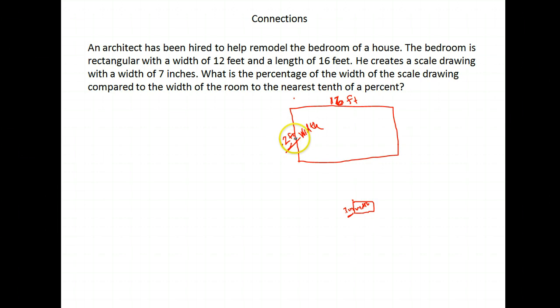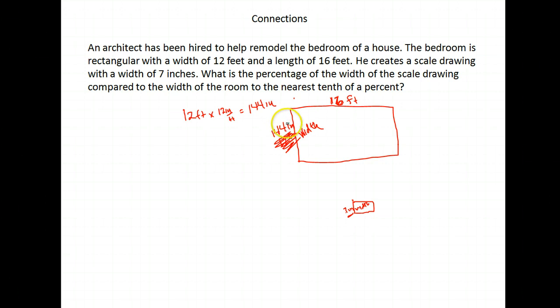Okay, 12 feet would be how many inches? Well, there are 12 inches in a foot, so we take those 12 feet times 12 inches per foot, and we get 144 inches. Okay, so now I have the dimensions in inches.